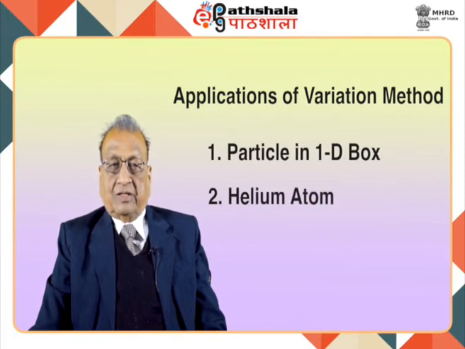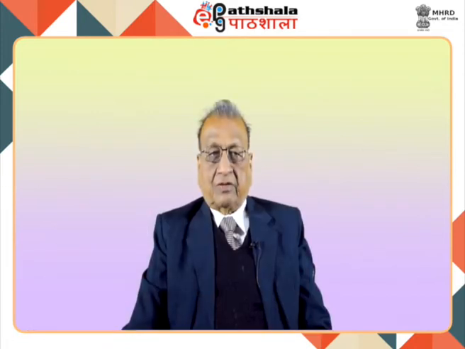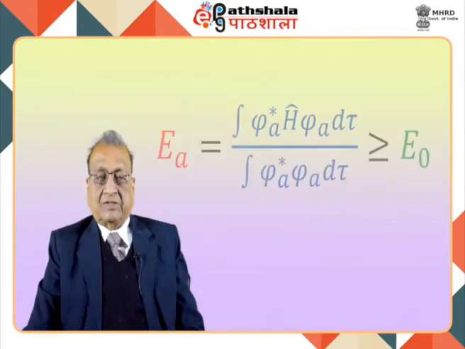So, what we do is, first of all, write the Hamiltonian for the system and then choose an approximate wave function, and using this approximate wave function we calculate the energy of the system, which by the variation theorem we know is greater than the actual value of the energy E0.